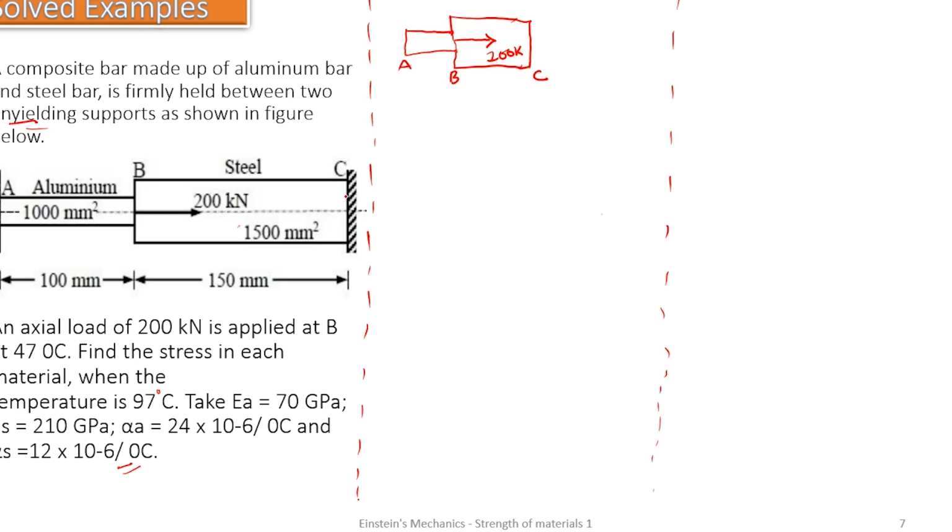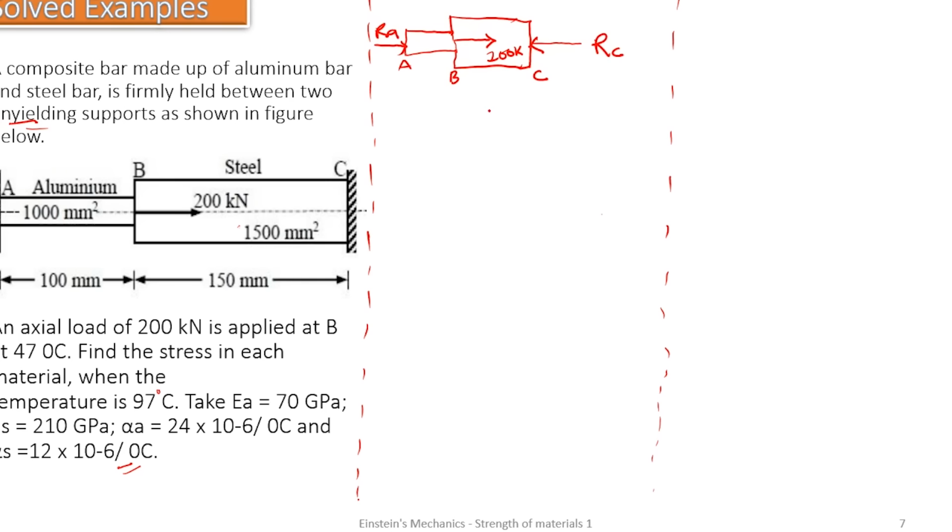Elongate. But this bar, the rigid supports are pushing the elongation back this way. So this fixed end is pushing it back this way. The reaction R at C, and at A too, is pushing it back that way. That's R at what?